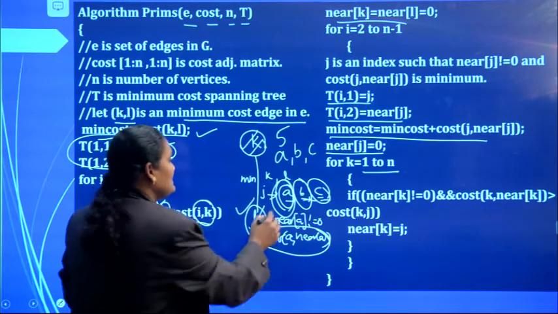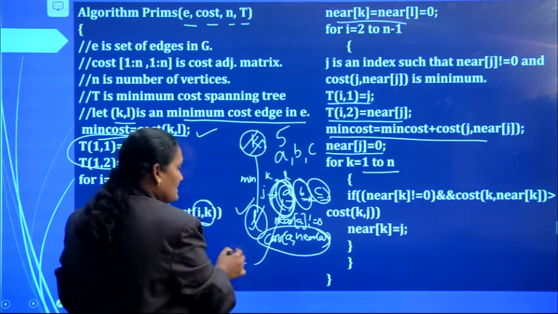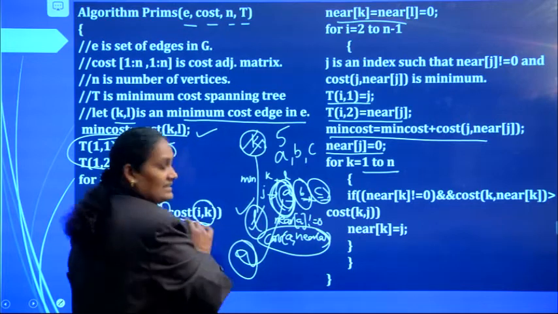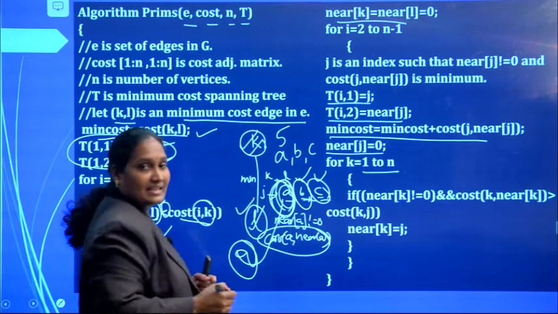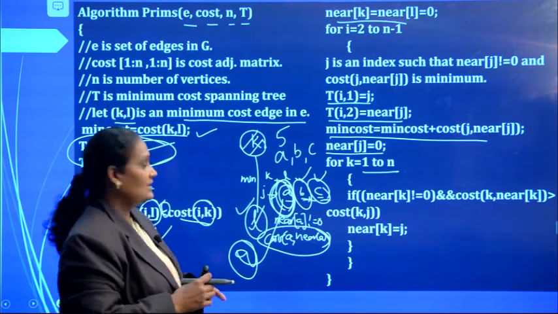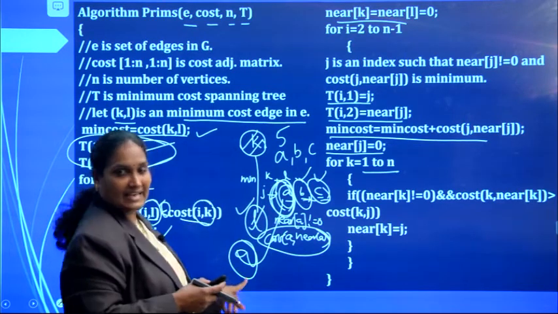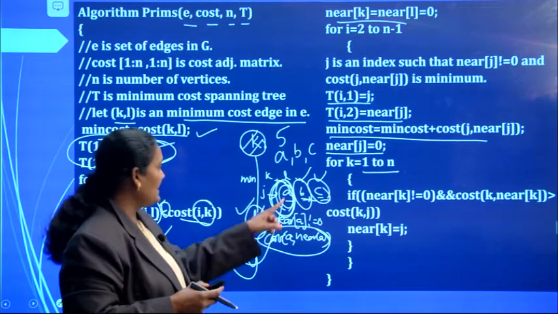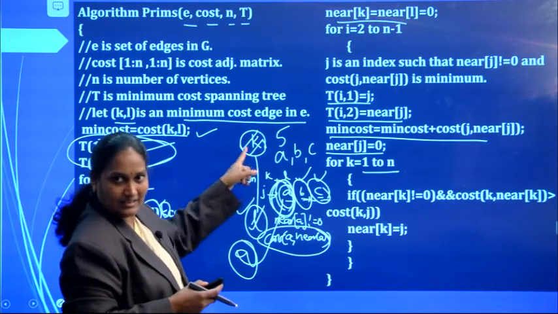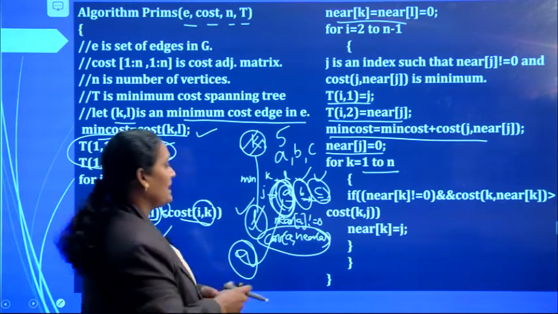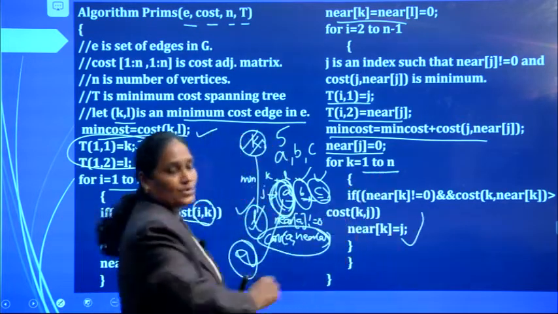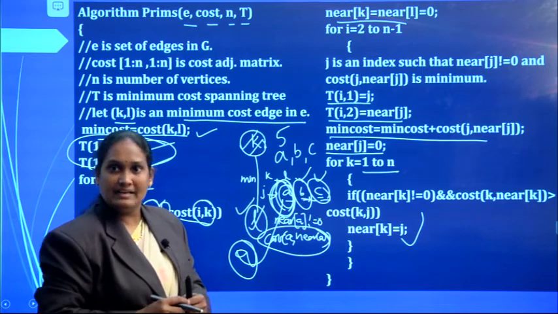Now I selected j as a, which is also included in the spanning tree. Now the remaining two vertices b and c are near to which one, whether k or l or a? I am going to find that, that is I am updating the near values.